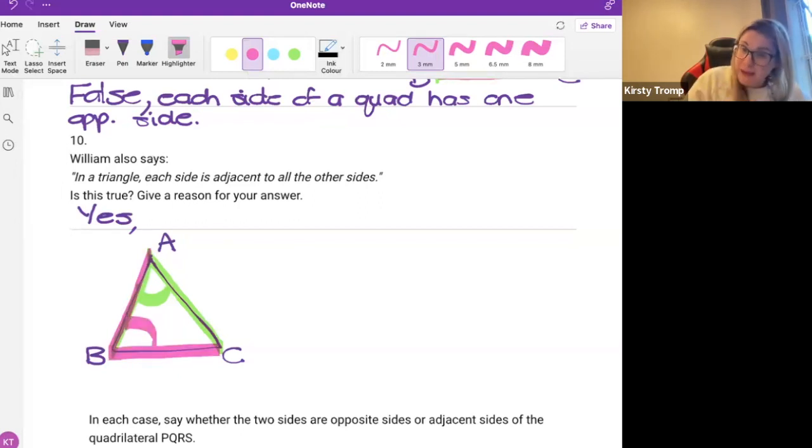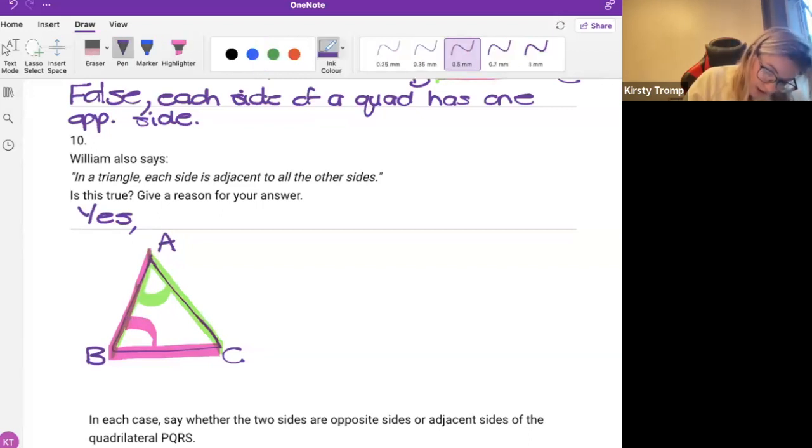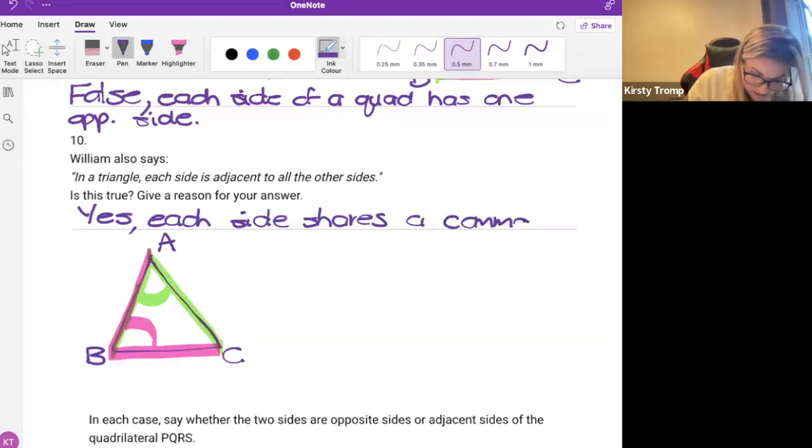It's B. Awesome, well done. So yes, each side shares a common vertex. Did you draw out the triangle?